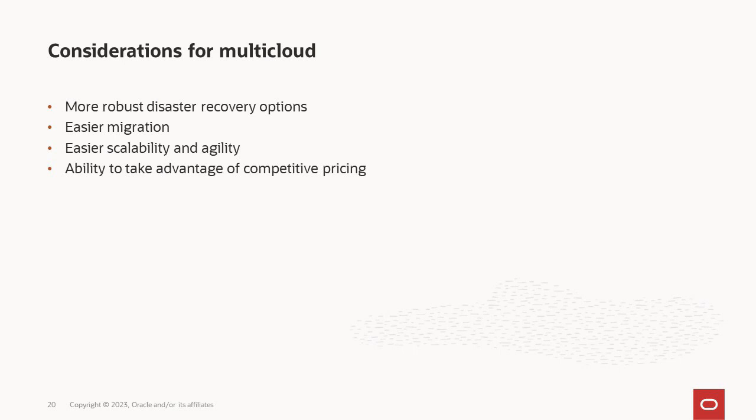And you also get good scalability and agility because you're not locked in to any particular location, and it gives you the ability to take advantage of pricing in different clouds that might be different, right? Or technologies that might be different in respective clouds.